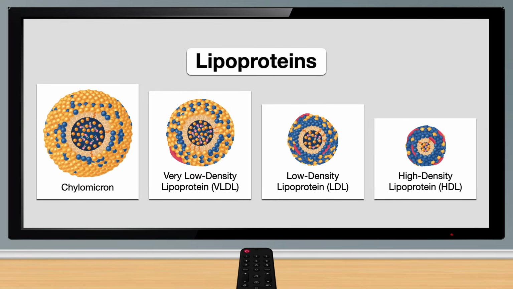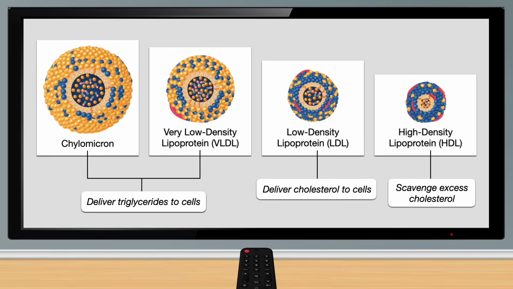As indicated by its name, LDL is a lipoprotein, just like the chylomicrons we saw when we examined fat absorption. Other types include the very low-density lipoprotein and the high-density lipoprotein. These lipoproteins are made of the same cholesterol, phospholipids, triglycerides, and protein, but contain different amounts and have different functions. The primary function of chylomicrons and VLDL is to deliver triglycerides to cells.